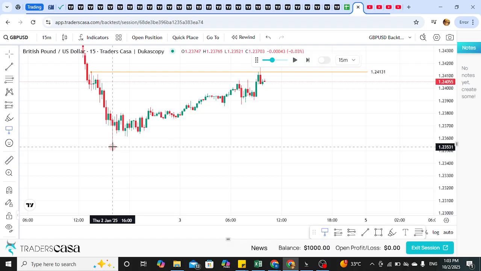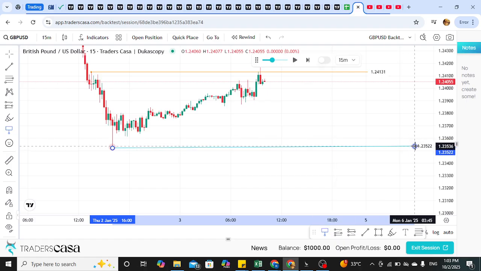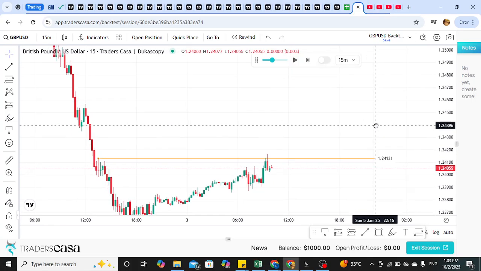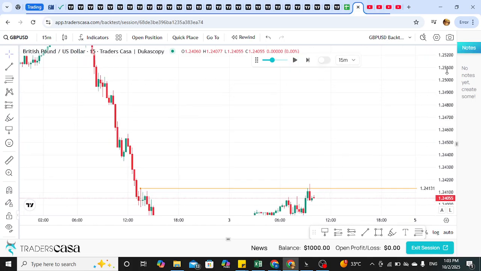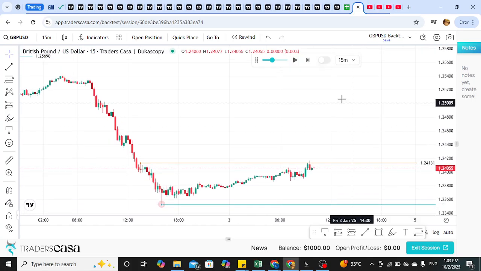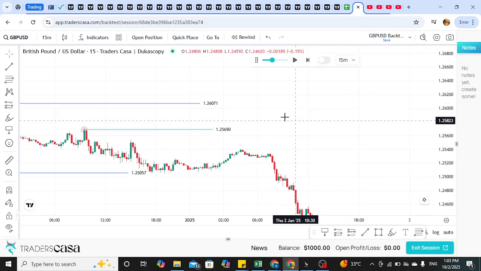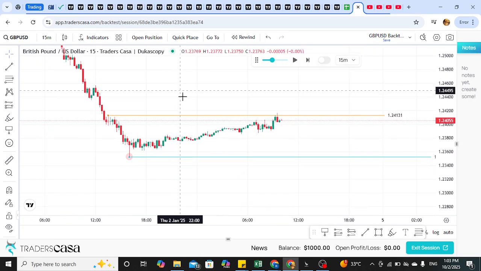The low is 23.52.1, 23.52.1. Okay, so this is the low of the range. Let's see the range now. Where is it?